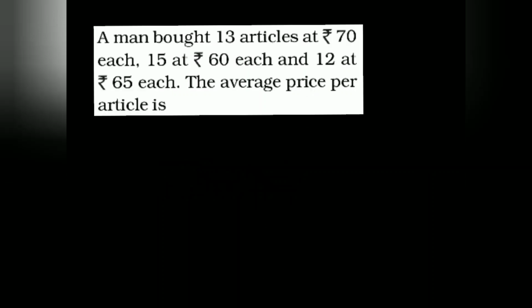Look at this one. A man bought 13 articles at 70 each, 15 articles at 60 each, 12 articles at 65 each. The average price per article. So if you have to multiply, it will take a lot of time. So take 13 articles, 70 each, 15 articles at 60 each, 12 articles, 65 each. Now you can't simplify n1, n2, n3 further, so you have to keep it as it is. Now the assumption was 65.